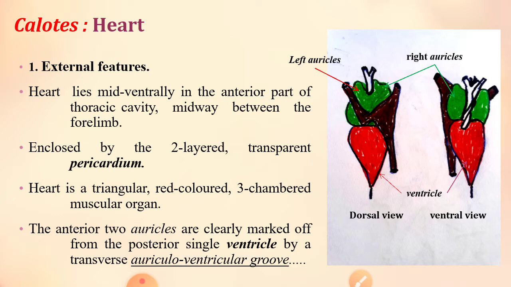The anterior two auricles are clearly marked off from the posterior single ventricle by a transverse groove, that is called the auriculoventricular groove.